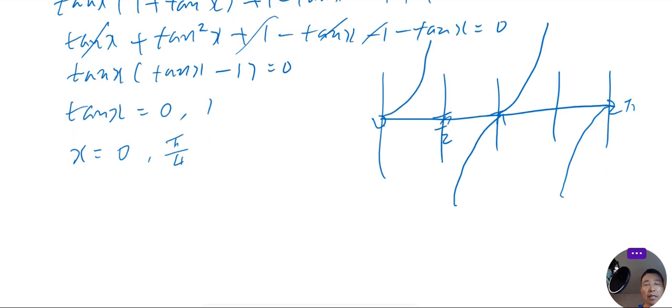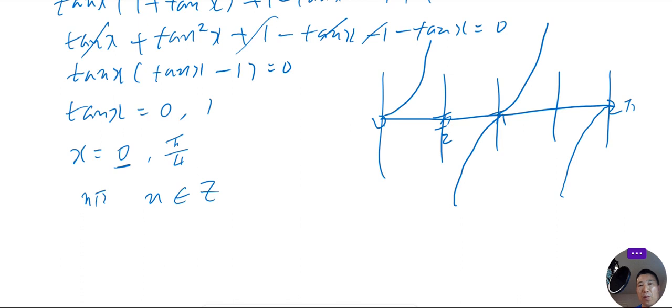How would you generalize that? That is just n pi, where n belongs to Z, the integers. That's how you express the general solution for 0.